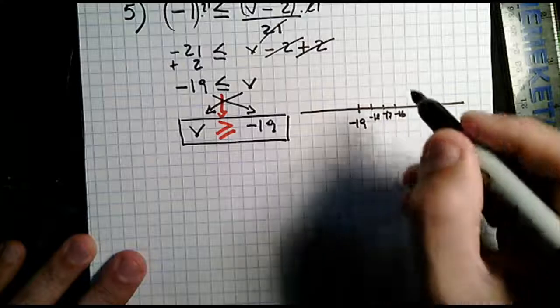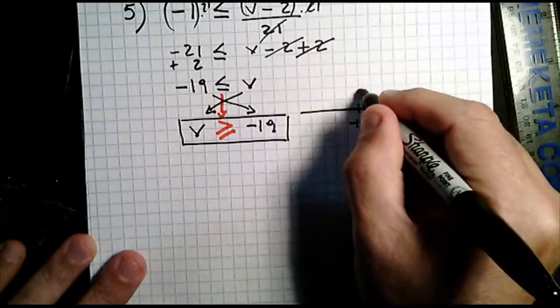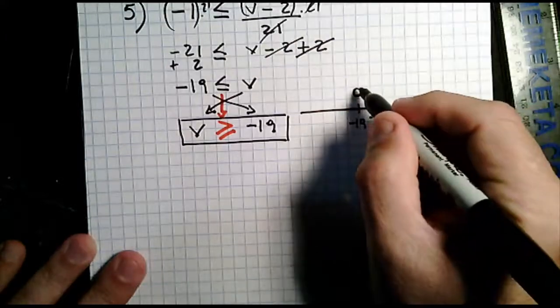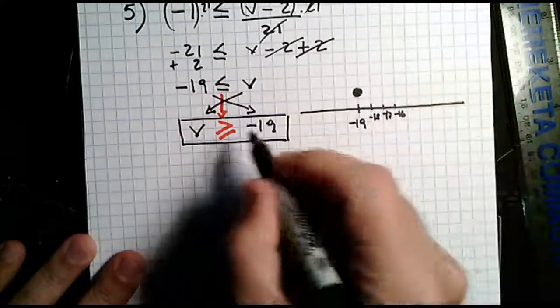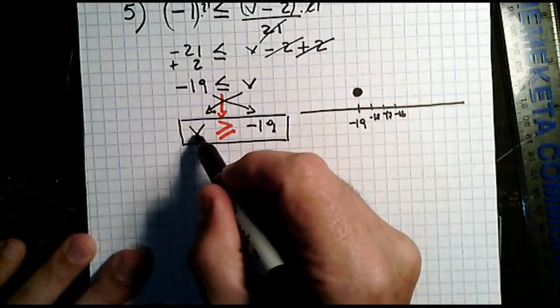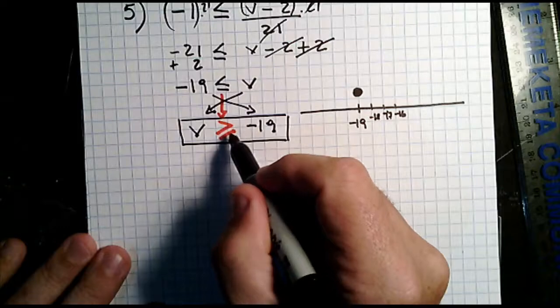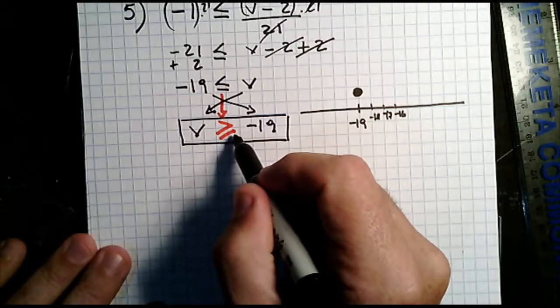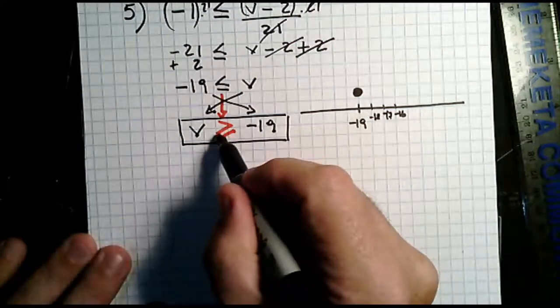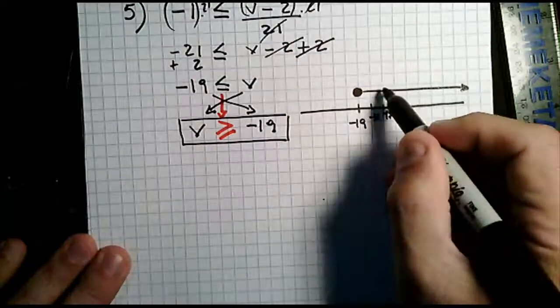So I will start at negative 19. I will take the value because it's equal to, and now they say b, all the values greater than or equal to negative 19. So going like an arrow in this direction over there.